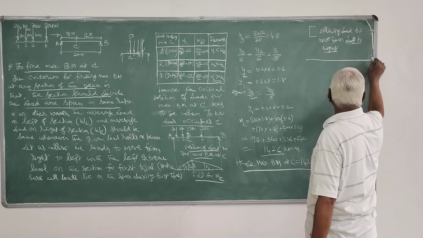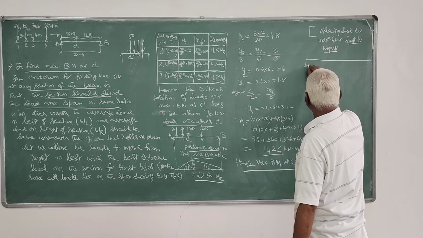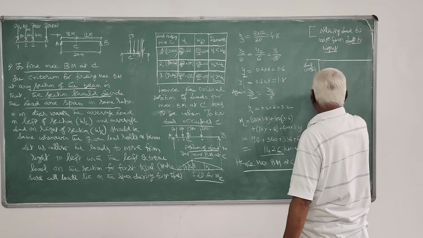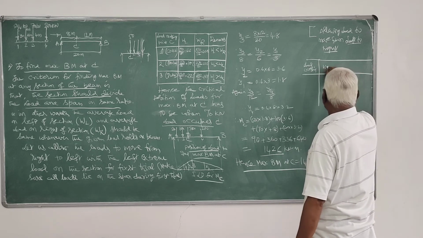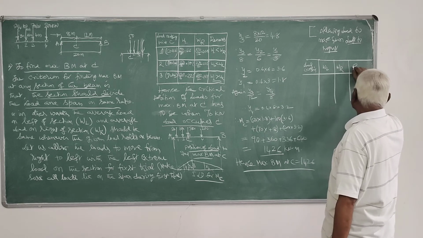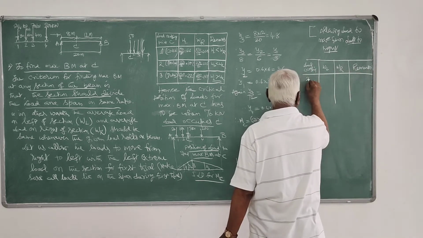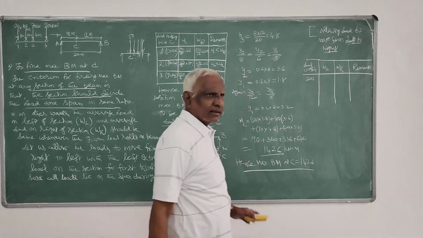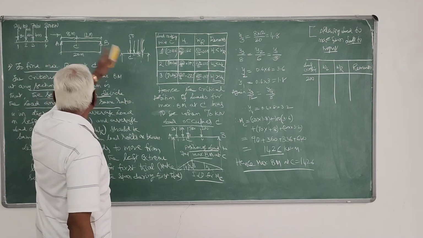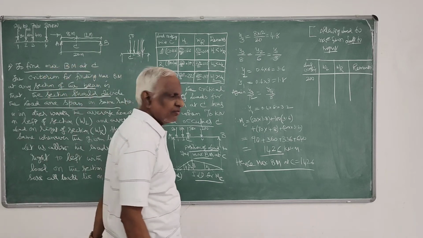So you prepare the same type of table: load crossing point C, then WL, WR, then remarks. So load crossing, when it is from left to right, the 200 kilonewton load has to be placed at C first.